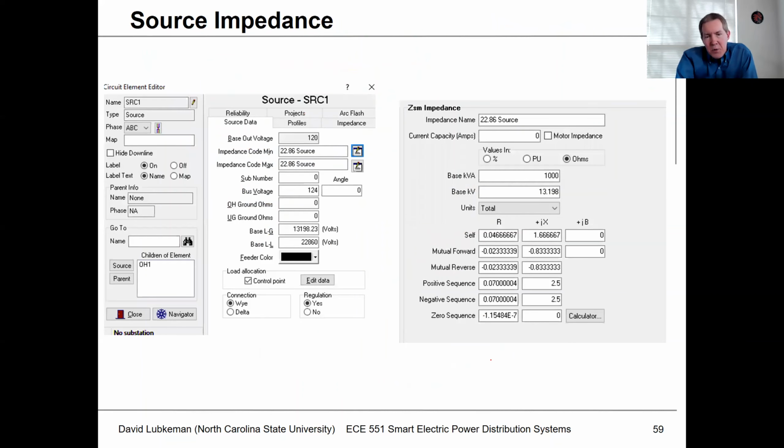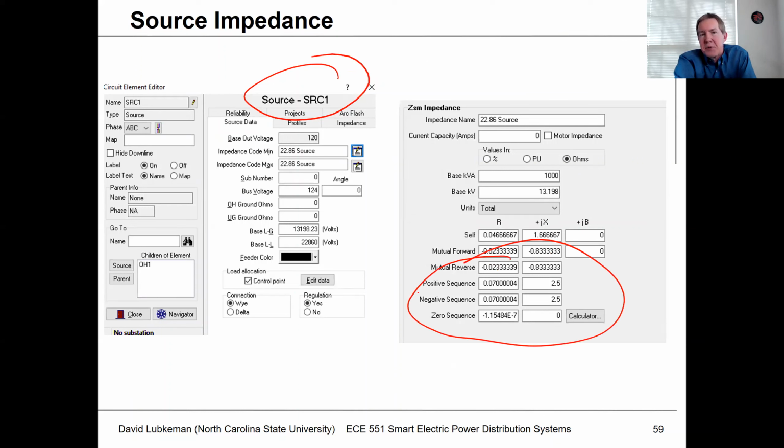So when you set this up in WindMil, what you need is a source impedance. If you have the source modeled in WindMil, even though it's regulating, when you do the fault analysis you need to put in some system impedance. Now, I didn't put a zero sequence impedance in here because I'm not doing unbalanced faults. If I were doing line-to-ground faults, I would need that zero sequence value.